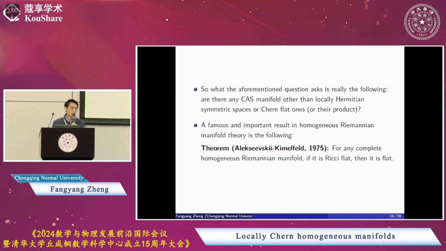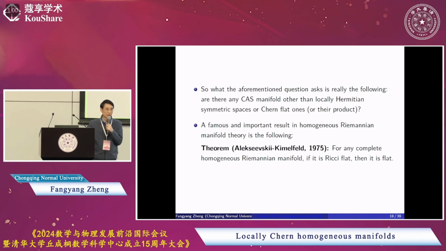So there's another related question. This is the classic theorem, we call it the AK theorem, right? It says that if you have a homogeneous manifold, then if it's Ricci flat, then it must be flat. Okay. By the way, there's an interesting anecdote. This is before Professor Yau's solution to the Calabi conjecture.